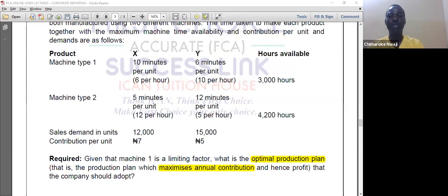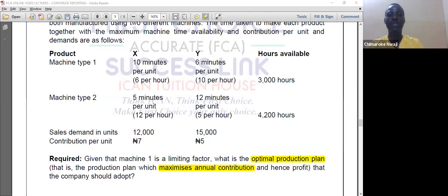So what do we do now that we found that? The next step, which is step number 5, or step number 4, sorry, is contribution per limiting factor. What this means is, our contribution for X is 7 and our limiting factor for X is 10 minutes per unit.